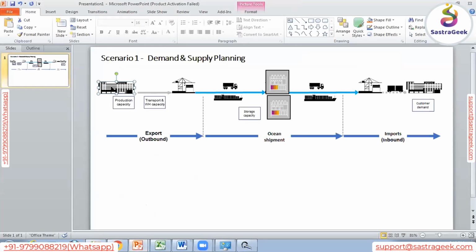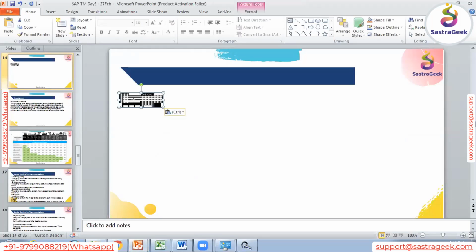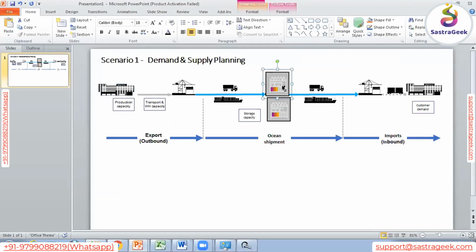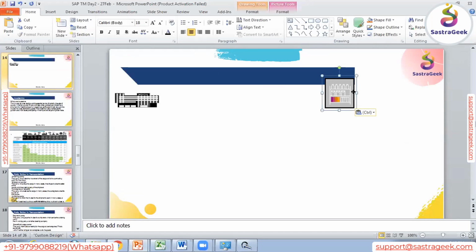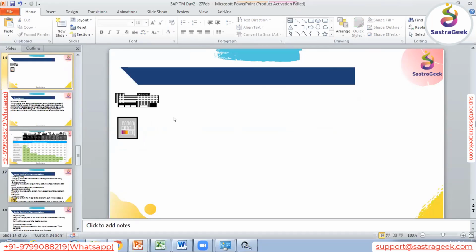So if this is a customer who goes to DHL and says, okay, ship this one container from my facility to the consignee's facility, what DHL does is it sends a truck and picks up that container.